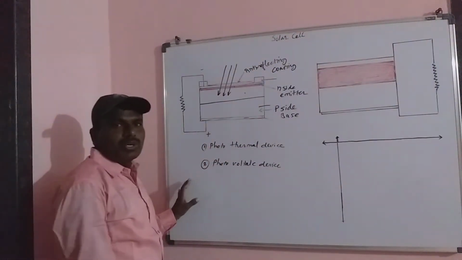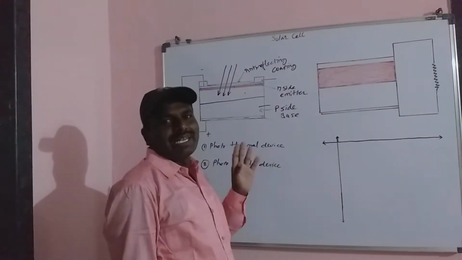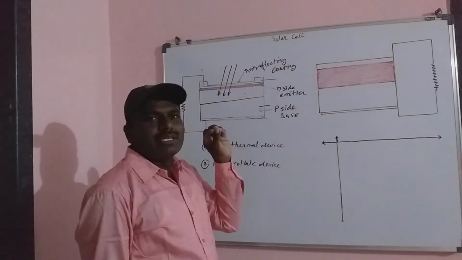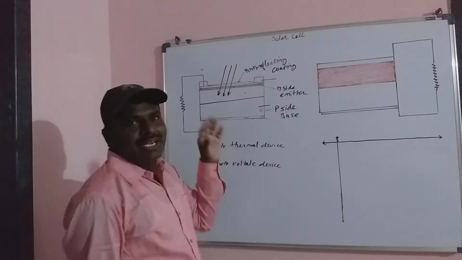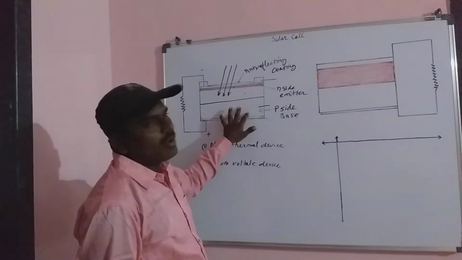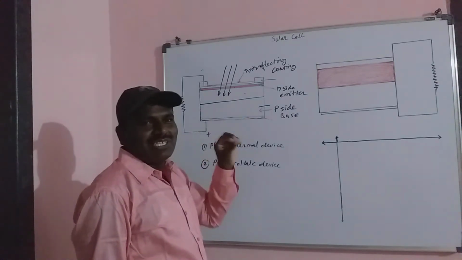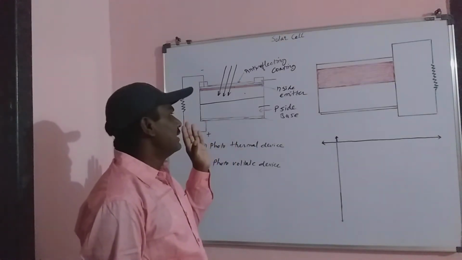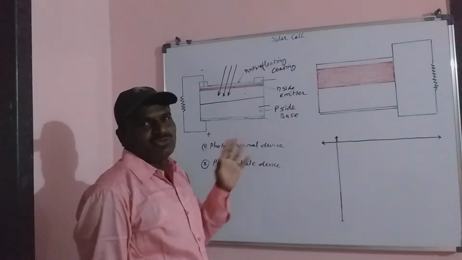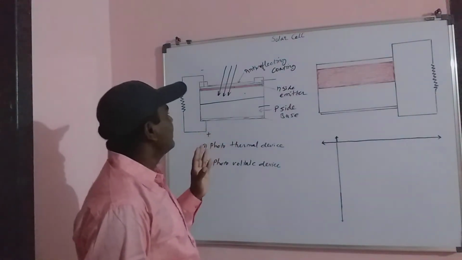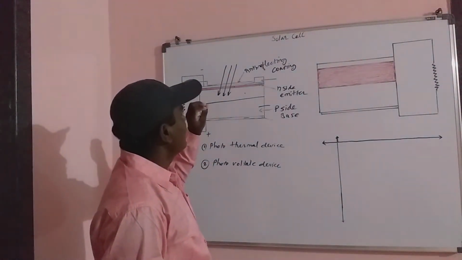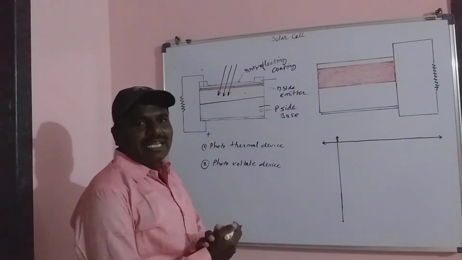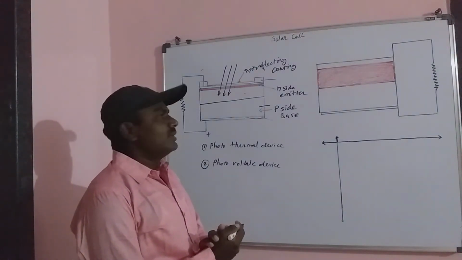This anti-reflecting coating allows only visible light into the solar cell, and its main function is to let light in and to protect the solar cell from heat. Because we know that a semiconductor is very sensitive to temperature fluctuations. When light is incident, charges are produced, that is, electron-hole pairs are produced.